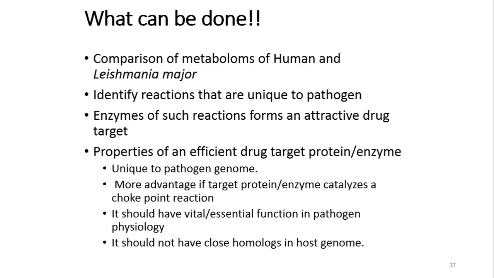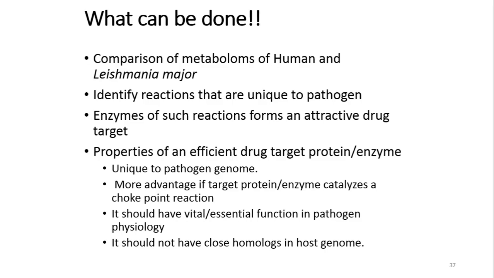The first category would be the one which would have all of the proteins, or all of the reactions or metabolic pathways, that are present in both the organisms, that is your pathogen as well as your human.